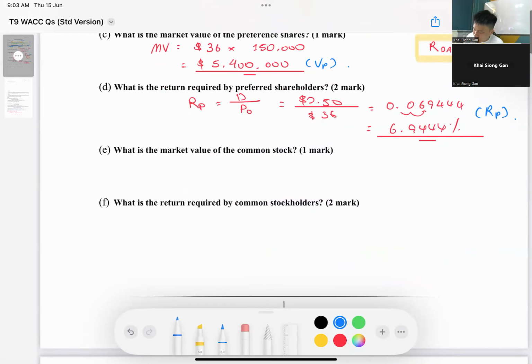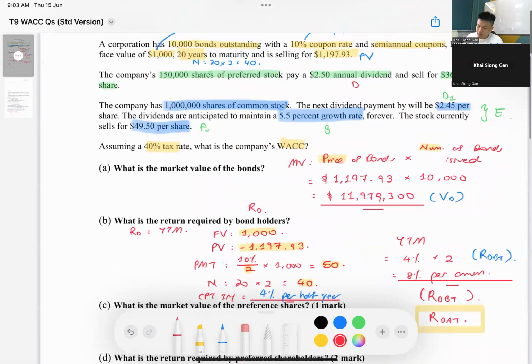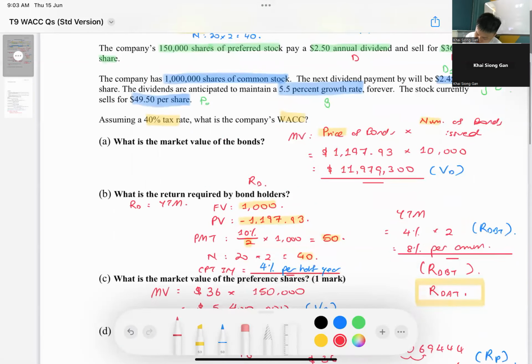Next, what is the market value of common stock? Do the same as well: price times the outstanding shares. The price is 49.5 times 1 million.